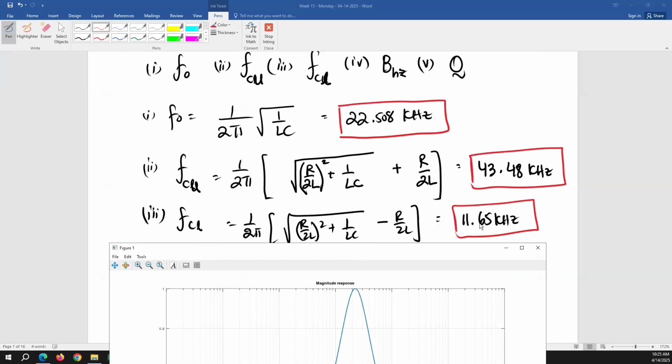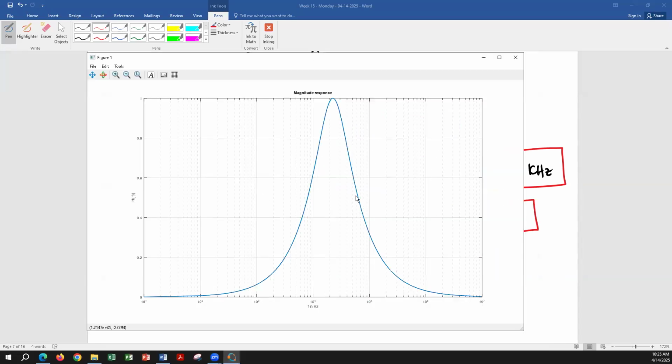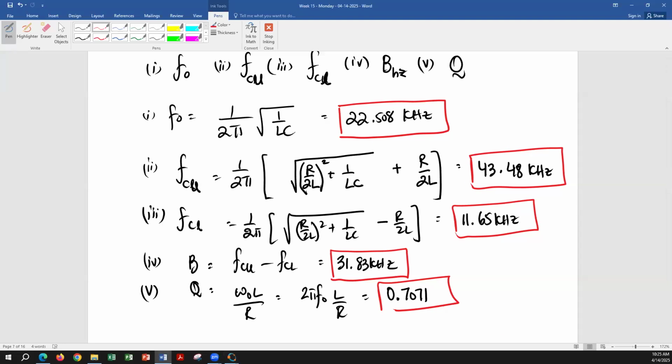I think that's what we got, 11.65 kilohertz. And on the upper side, again go to 0.707 somewhere here. And then 42.7 kilohertz. So we have 43.48 kilohertz.